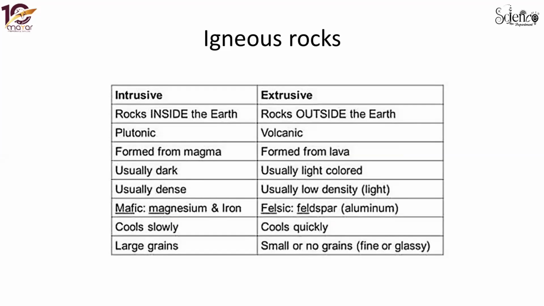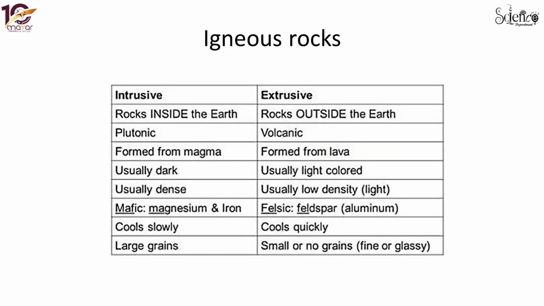So if I want to do a quick comparison between the two types of igneous rocks, intrusive and extrusive. Again, intrusive inside the earth, extrusive outside on the earth surface. Intrusive plutonic, and extrusive volcanic.